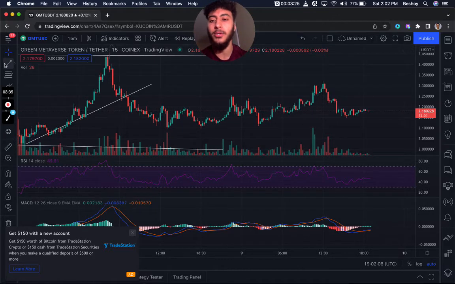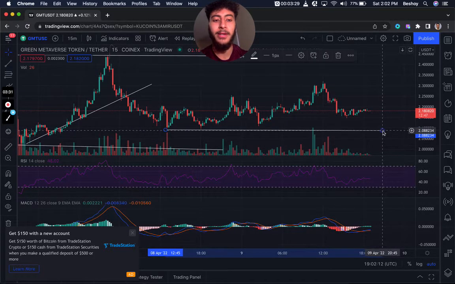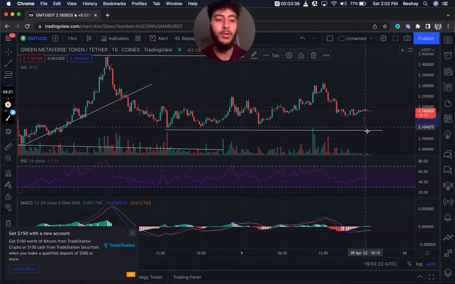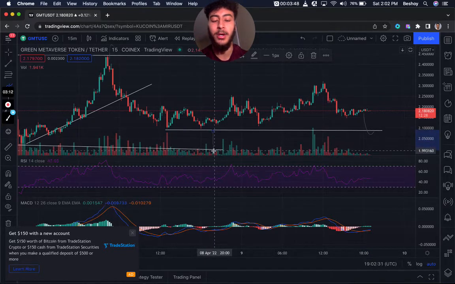But we also know there's another level of support here, though it's not as guaranteed as these levels. About 2 is another key support area. But if we do break out of this zone, if price decides to go back down, break out of this structure and retest back at about 2.08, we can see another retracement back to the critical support at about 1.99, and I believe this is the best area to get into it if you missed out on GMT.